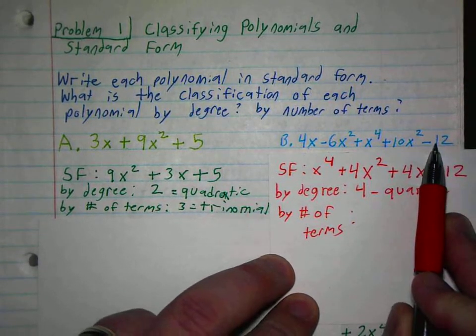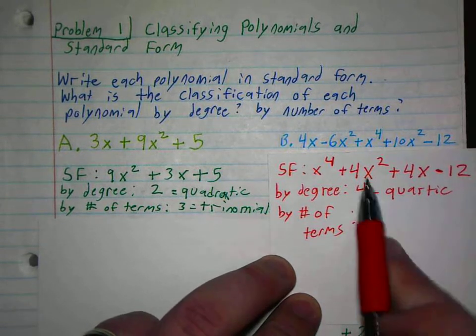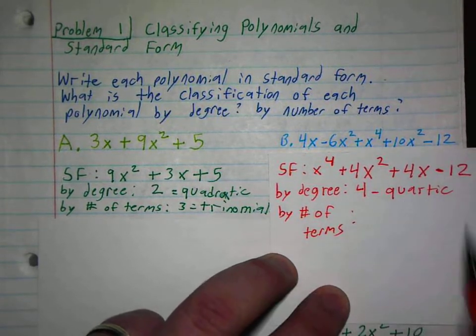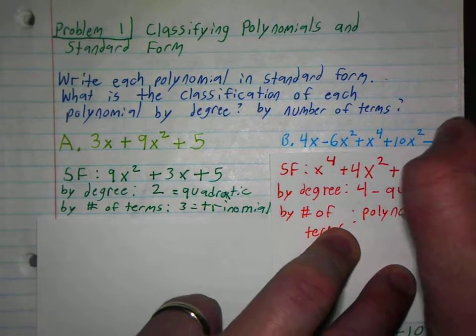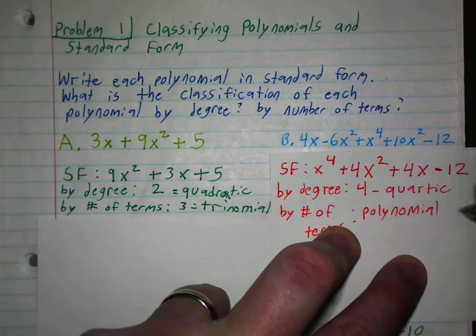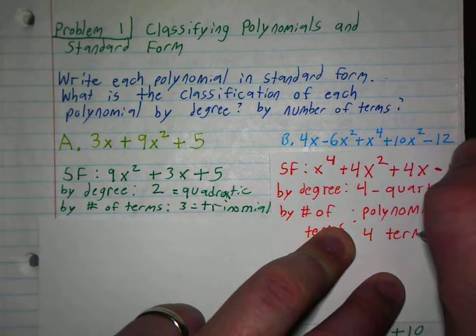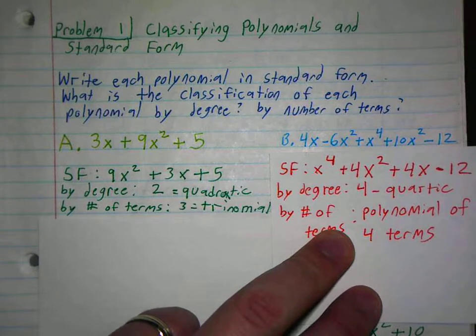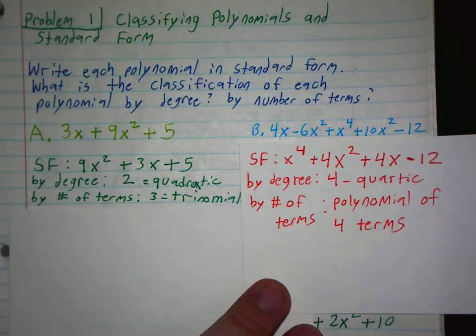A lot of kids will write that, but it's based off standard form. There are 1, 2, 3, 4. So you call it a polynomial. And there is a special name for that, but there's no need to learn them. Okay. So it's a polynomial of 4 terms.